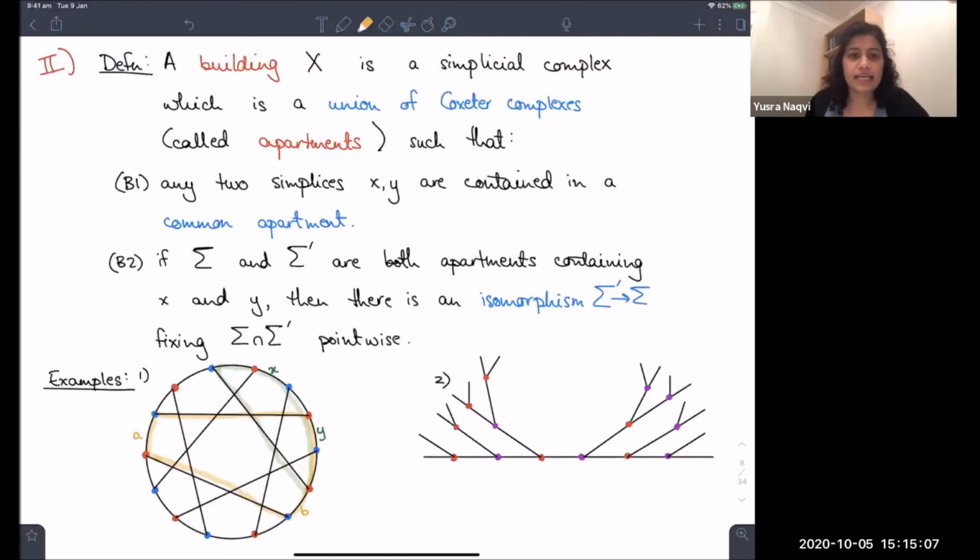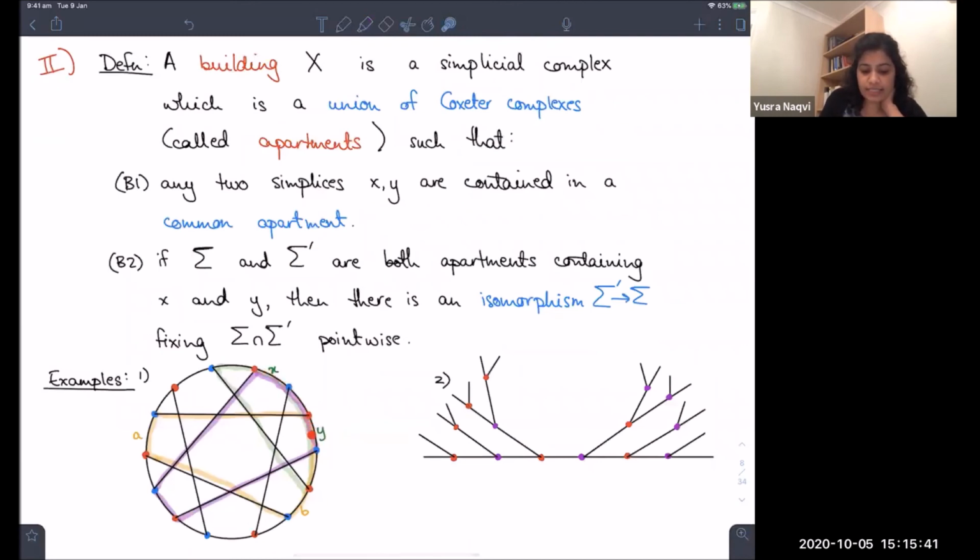And then the other thing that I need is that if I have two apartments that contain X and Y. So let me give you another example of something that contains X and Y. Let's see if I can highlight another hexagon. Here's another hexagon that contains X and Y. And anytime I have two apartments that contain the same simplices, there's an isomorphism from one to the other that fixes the intersection pointwise.